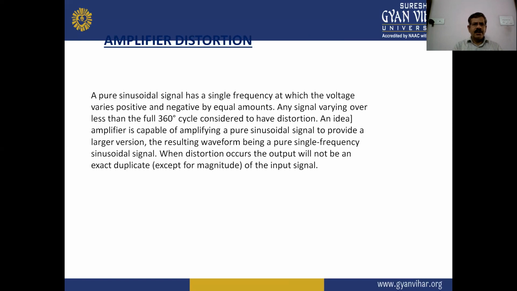An ideal amplifier is capable of amplifying a pure sinusoidal signal to provide a larger version, the resulting waveform being a pure single frequency sinusoidal signal. When a distortion occurs, the output will not be an exact duplicate, except for magnitude, of the input signal.